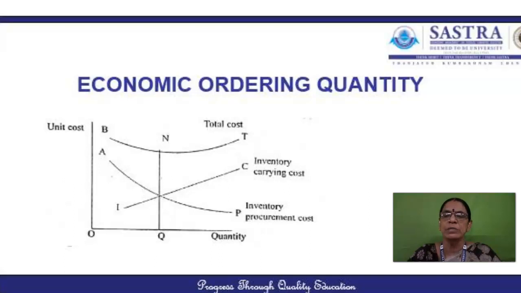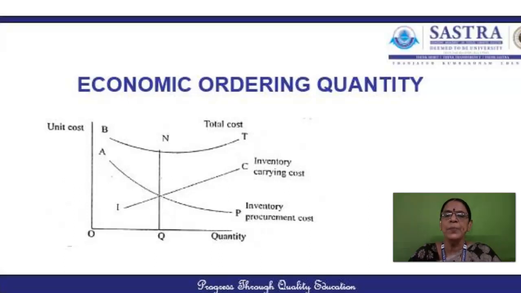Now the ordering cost increases and the holding cost decreases. So as and when the number of orders decreases, the number of units to be held in the stores will increase. So the ordering cost curve or the procurement cost curve will always slope downwards and the carrying cost will slope upwards. And the total cost will be the total of procurement cost and the carrying cost.